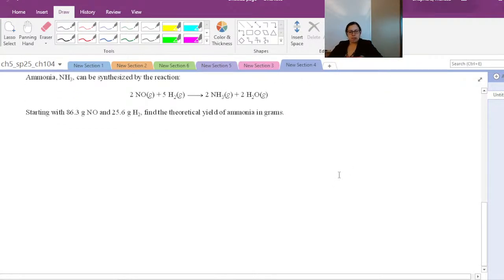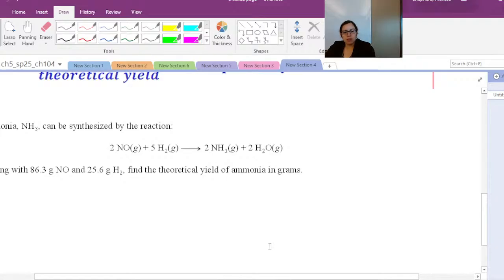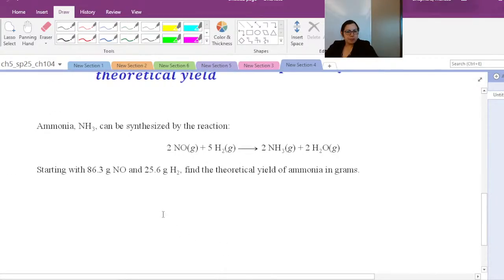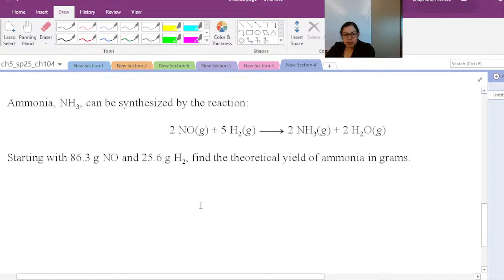Ammonia can be synthesized by this reaction: 2 equivalents of NO plus 5 equivalents of H2 give 2 equivalents of ammonia. This is a limiting reagent problem. We have 86.3 grams of NO and 25.6 grams of H2. What is our theoretical yield of ammonia in grams?